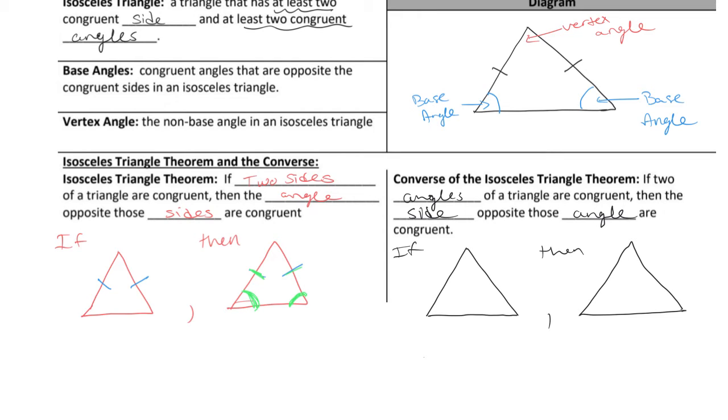So opposite of this one would be here, and opposite of this one would be here. They are congruent by the converse of the isosceles triangle theorem.